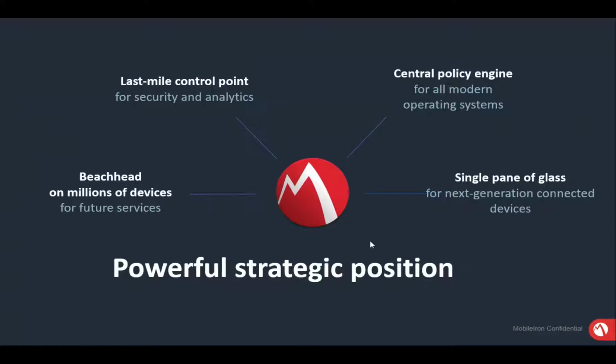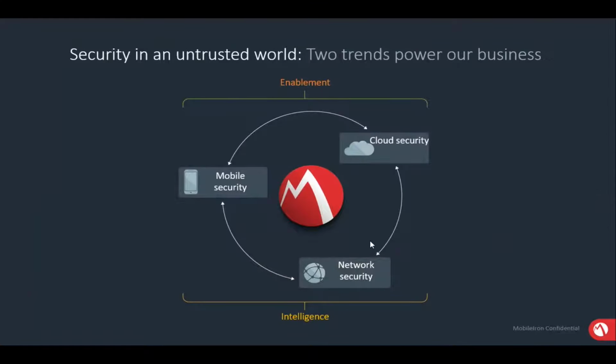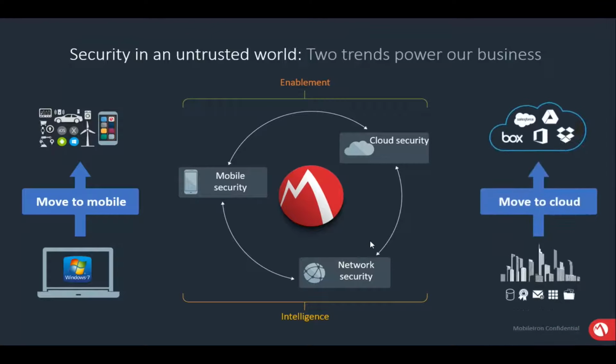The reason for MobileIron is that we have a centralized policy engine and a single pane of glass for managing all operating systems and configuring different policies for different operating systems and different types of user groups under a single window. Everyone traditionally using laptops connecting to your on-prem data center is now moving over to using mobile devices like phones and tablets and accessing resources not only on-prem but also in the cloud.